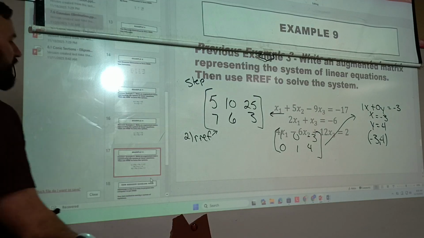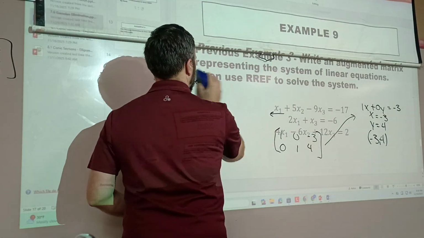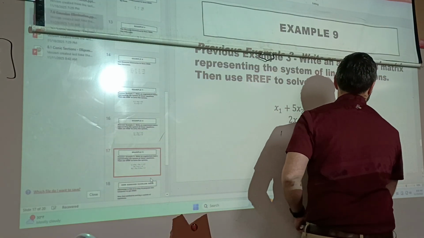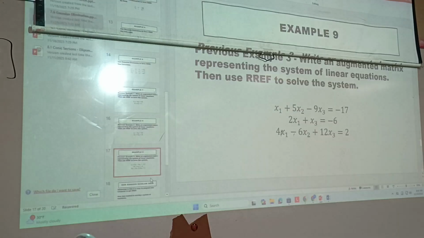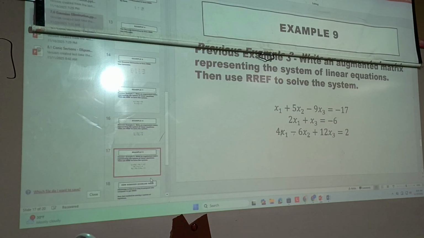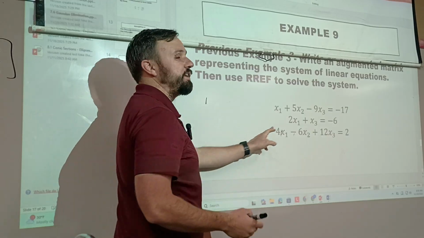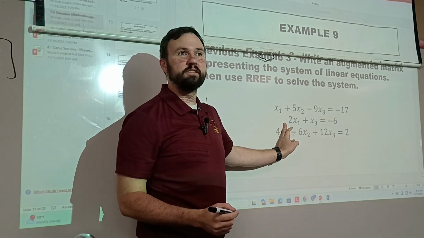Here's what I'd like you all to try. Try this beast. I'm skipping one. Will this work with a 3x4 matrix? Yeah. Did we already turn this into a matrix earlier in the notes?